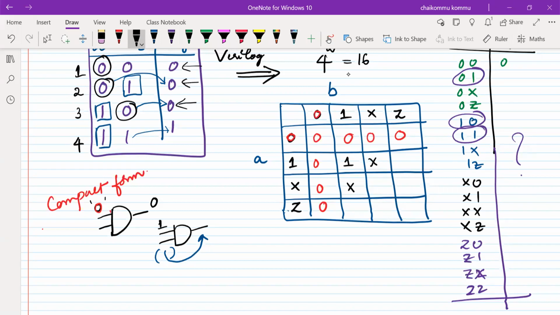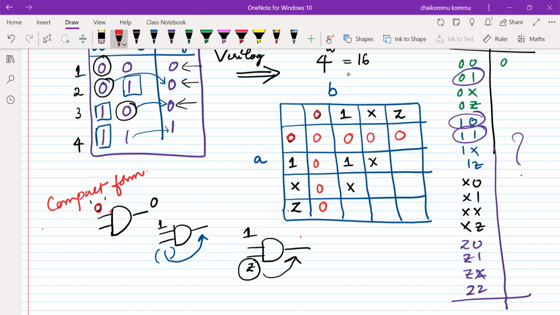But what happens if one input is equal to 1 and the next input is equal to Z? Suppose you take an AND gate, with one input equal to 1 and another input equal to Z. We said that whatever value we have will be transferred to the output, but that does not hold good when the input is at a high impedance state.